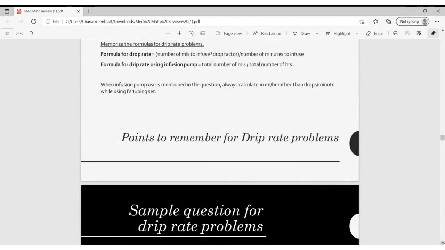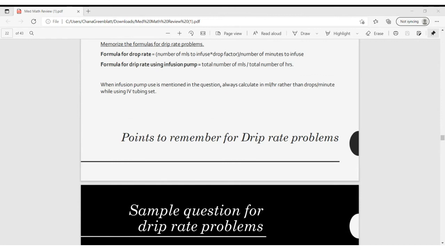So going back to the formula that we had written out before, I'm going to put it up. The IV drop rate, not the IV per milliliter rate. The IV drop rate is, and feel free to write this down, but I will also copy paste it into the chat: the volume to be infused, and volume is always in milliliters, over the minutes to be infused. And remember, that's minutes, not hours, times the drop factor.